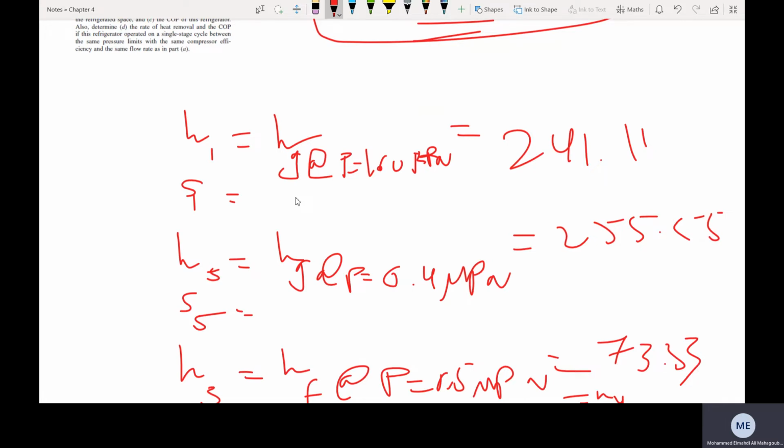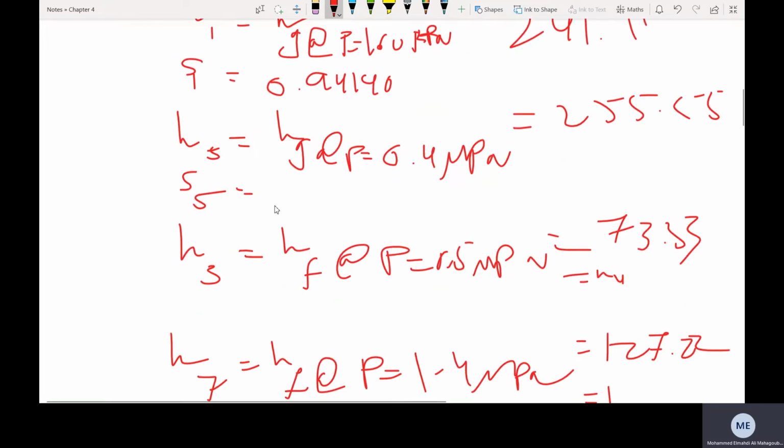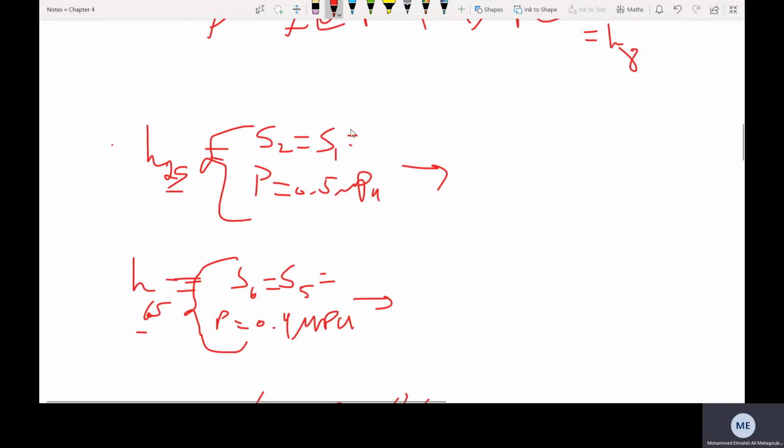At 160, the SG is 0.94190. And for S5, at 0.4, which is 400 kilopascals, I have 0.92691. Take those two values and plug them there.